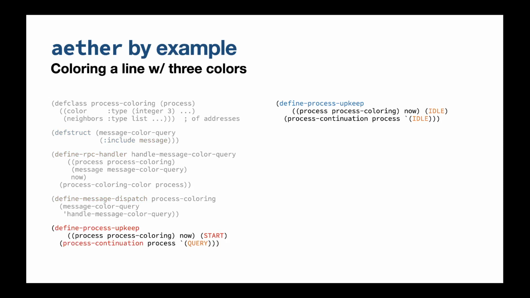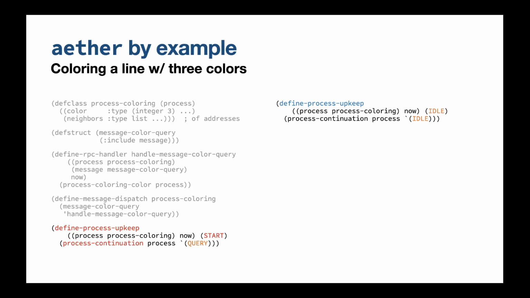Then we start working on the computational stuff. So the computational state of an actor in Aether's framework is modeled by a stack of continuations that have yet to be computed. So the stack always starts with the start token on it, and then we define 2 more states that the process could be in.